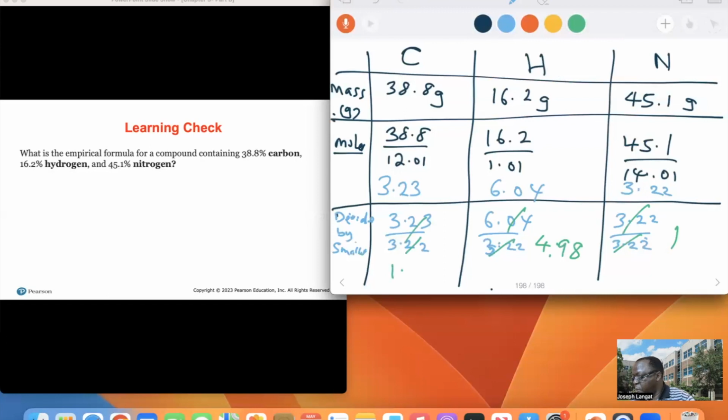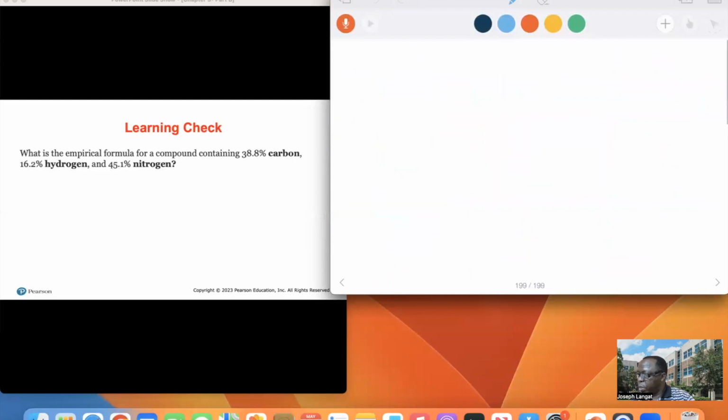It's just like 1. So if I look at this, the mole ratio here is 1, 5, 1.